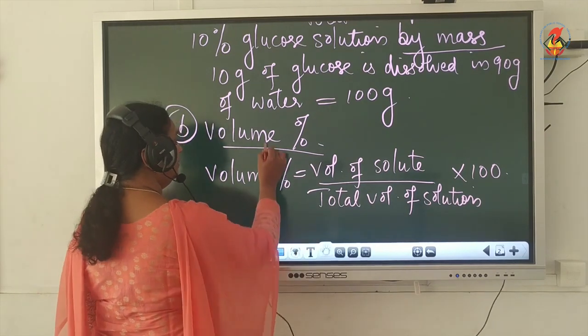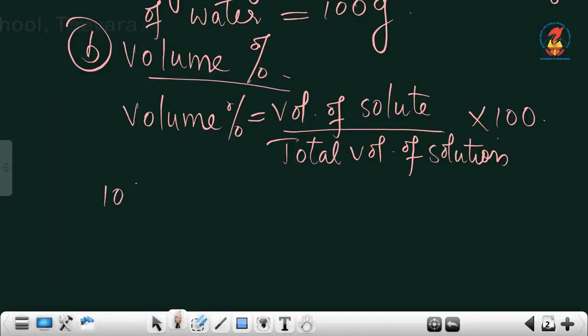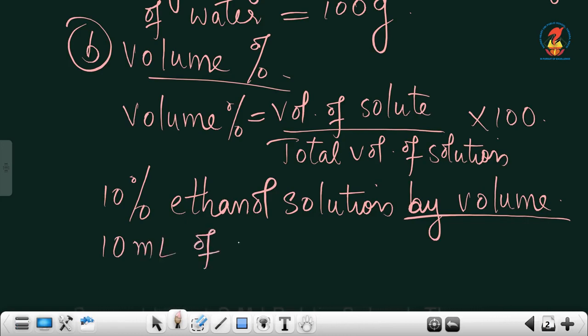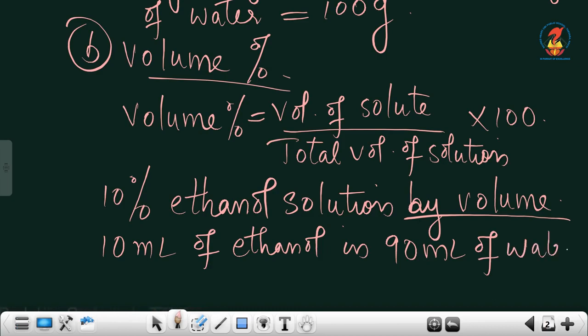For example, 10% ethanol solution by volume means that 10 ml of ethanol is dissolved in 90 ml of water, so that total volume of the solution is equal to 100 ml.